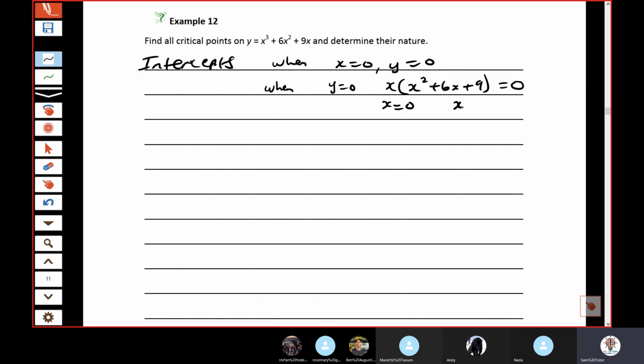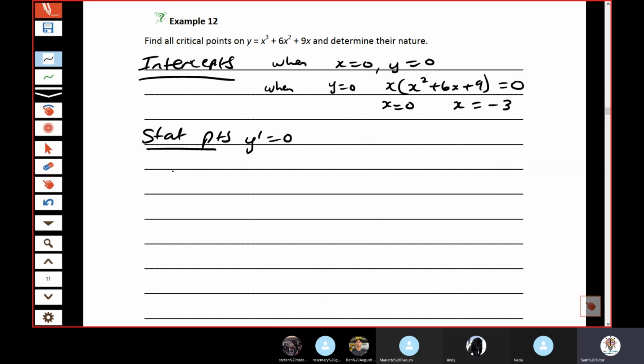X equals 0. I think that's a perfect square. So x equals negative 3. That's it. Those are your intercepts. Done. All right. Stationary points. Stat points. Underline. Y dash equals 0. I guess I could have underlined that as well.